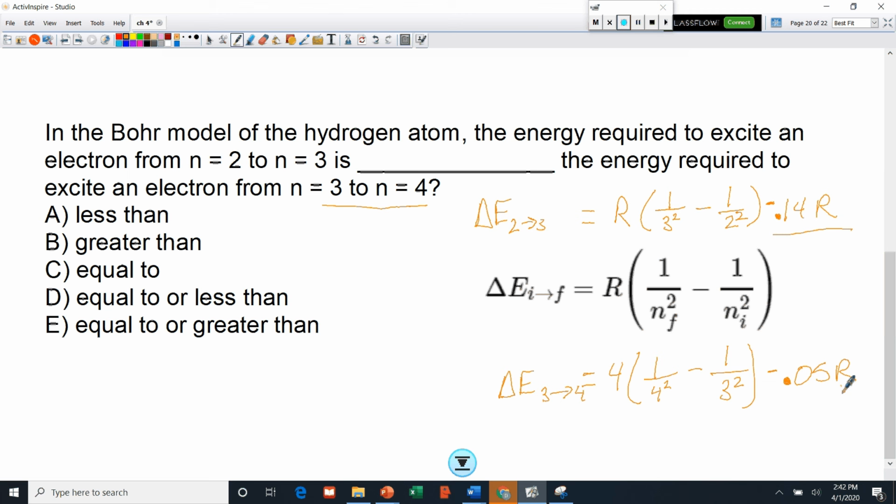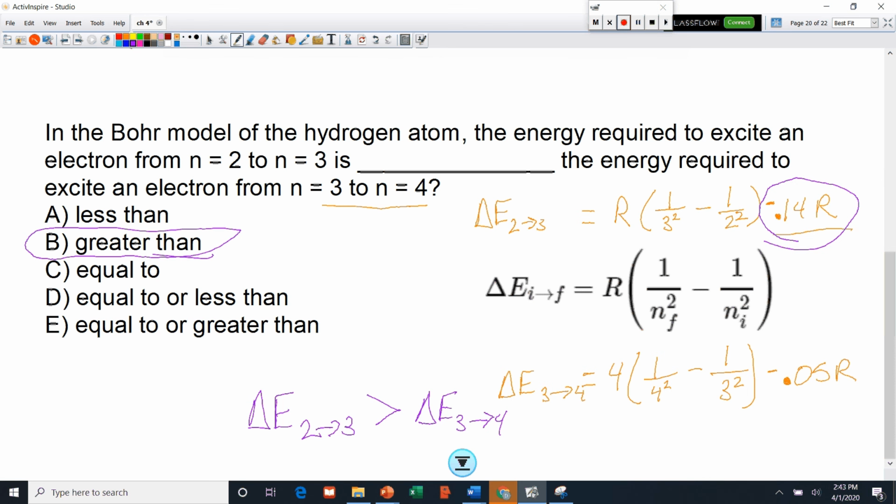Which of these numbers is greater? Well, 0.14 is greater than 0.05. So the change in energy from 2 to 3 is greater than the change in energy from 3 to 4.